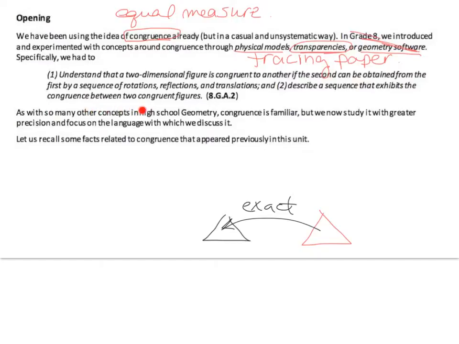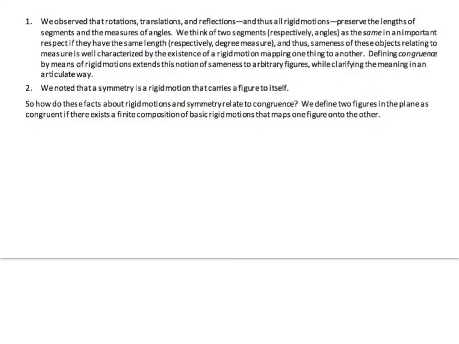With so many other concepts in high school geometry, congruence is familiar, but we now study it with greater precision and focus on the language in which we discuss it. We've discussed a little bit before, but vocabulary and language is very important in geometry because we need to use the same words to describe things to make sure that we're describing things correctly. Let us recall some facts related to congruence that appeared previously in this unit.